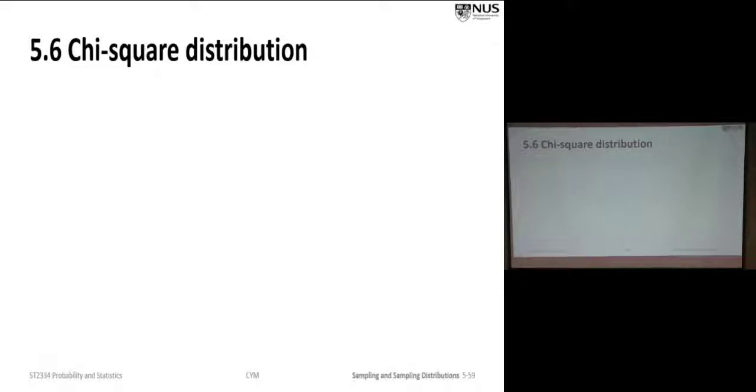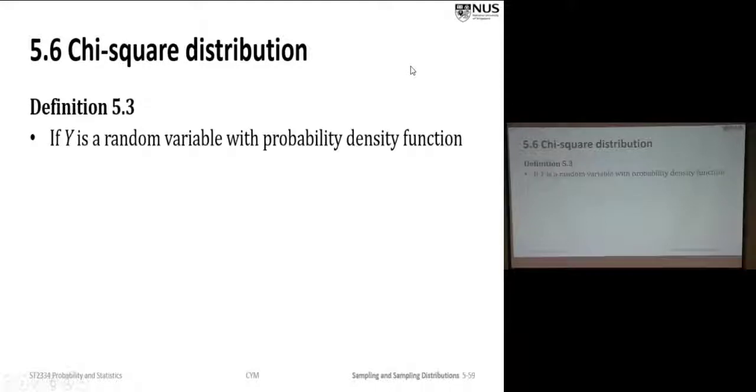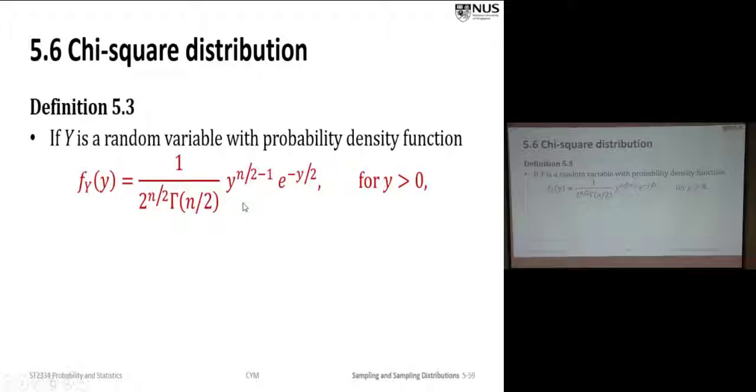It's a very popular and commonly used distribution. We say that if Y is a random variable with such a complex form, it follows a chi-square distribution.